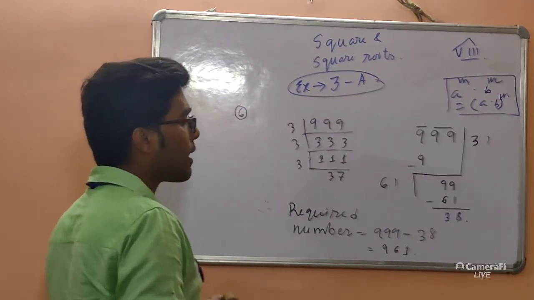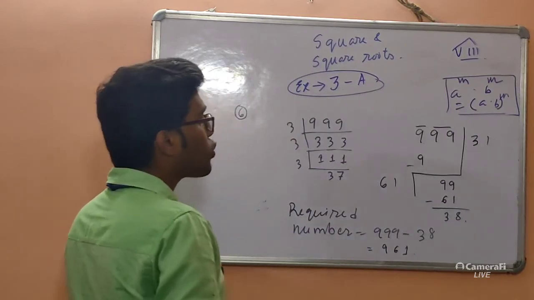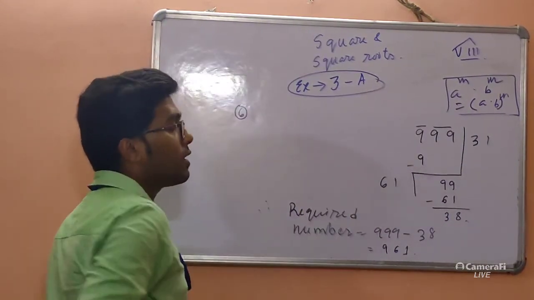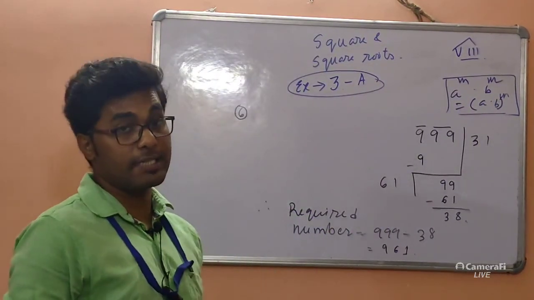It's actually 31 square. Understood? That is how we need to solve this one. So we don't require this, therefore we can eliminate this. This method we are going to learn in our next exercise.